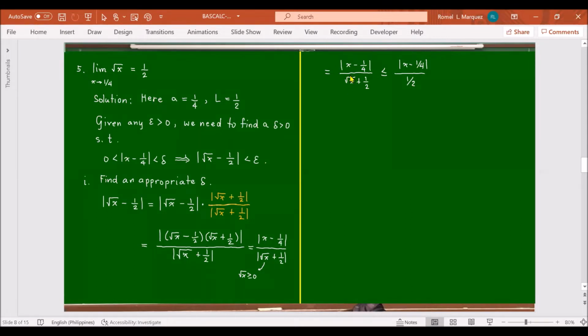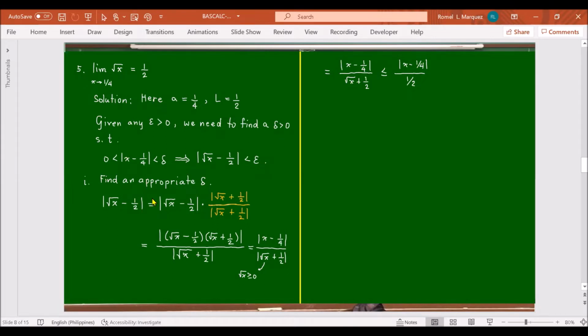Again, dropping this square root of x, if we remove this, so this denominator now gets smaller, and the smaller the denominator, the bigger the fraction, because we retain the numerator. Or equal, technically speaking, can be equal when x is 0. So this expression is equal to this. Okay? Now, absolute value of square root of x minus 1/2 is equal to this expression, and also equal to this.